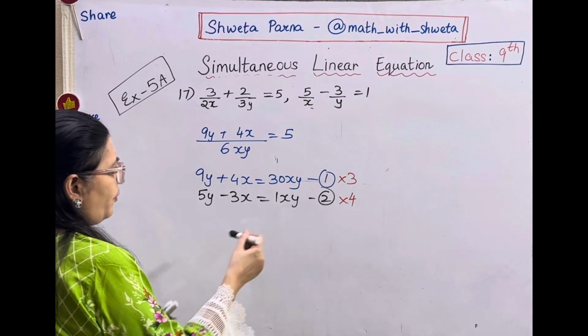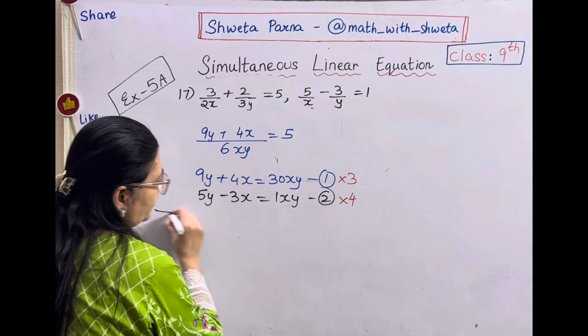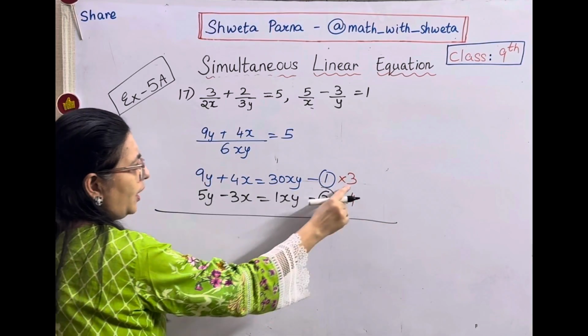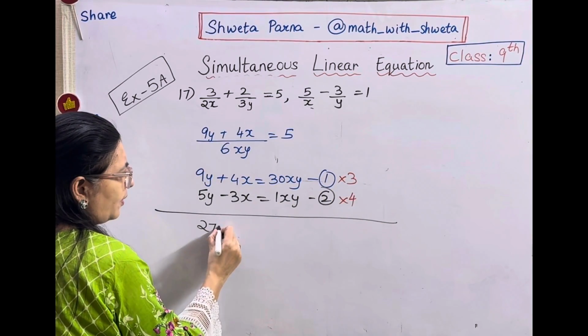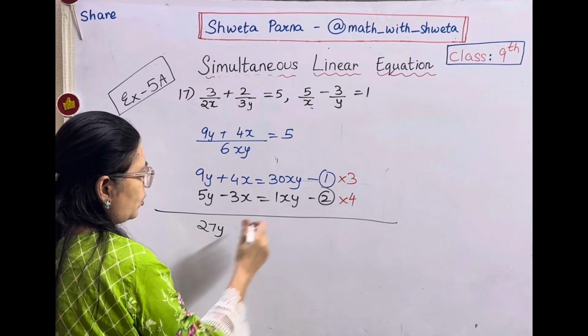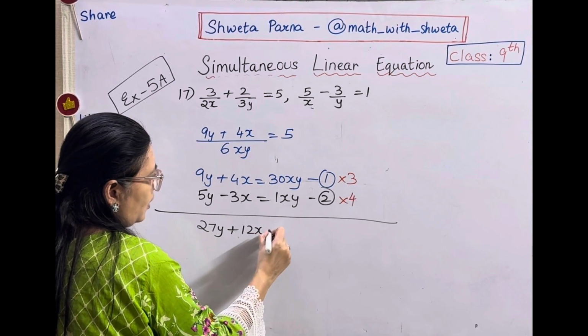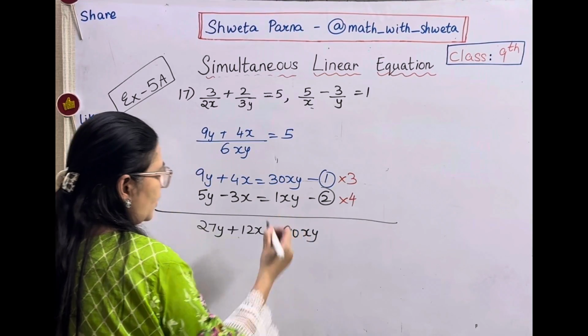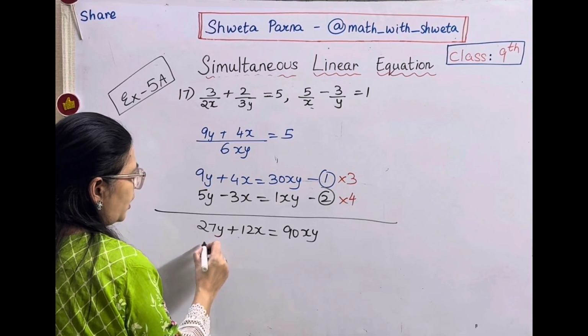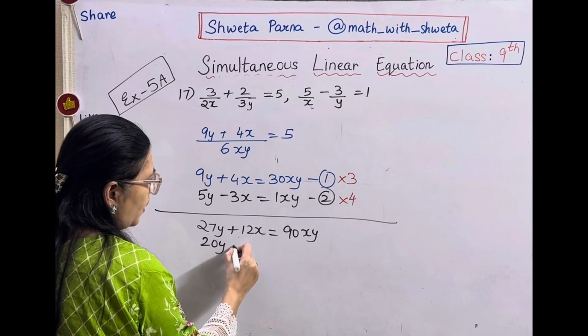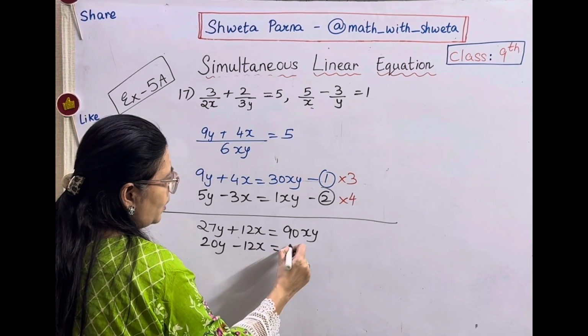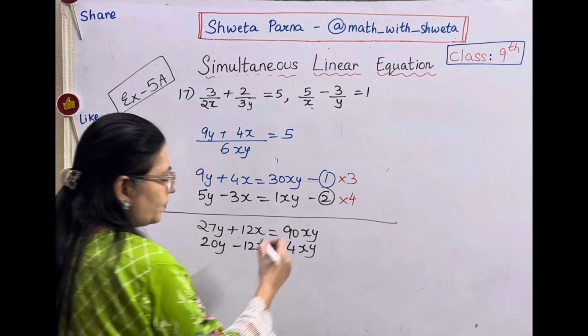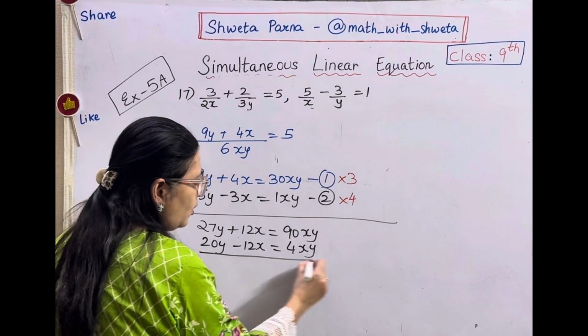Now, when you multiply, what will you get? 9y into 3 is 27y. 4x into 3 is 12x. 30 into 3 is 90xy. 5 into 4 is 20y minus 12x is equal to 4xy. Now let's add it.